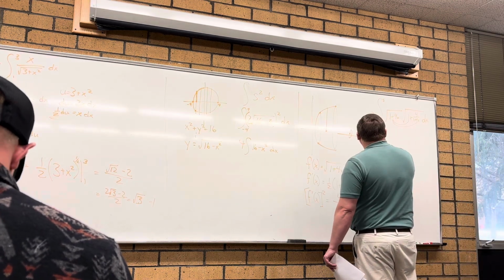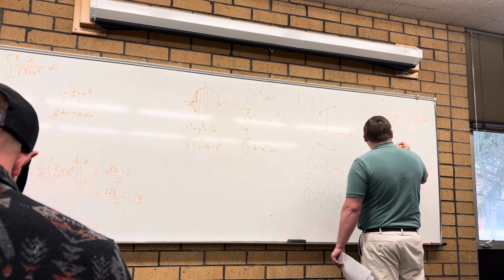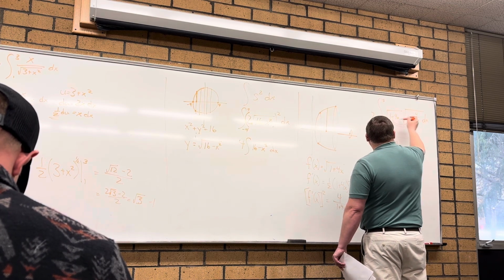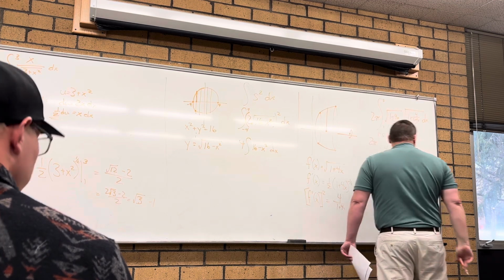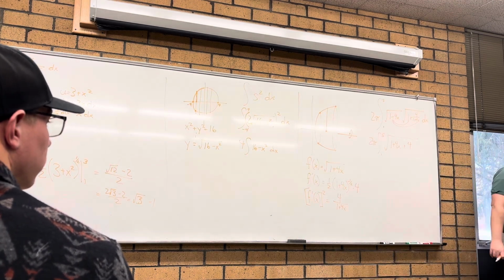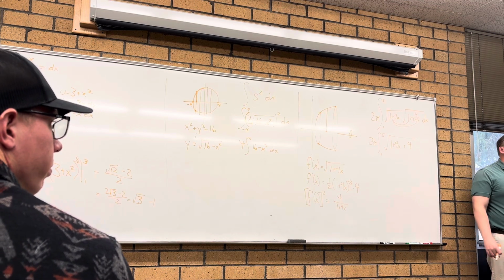And so I'll get 2 pi times the integral from 1 to 5 of the square root of 1 plus 4x times 1, plus 4, because 1 plus 4x times 4 over 1 plus 4x is just 4.